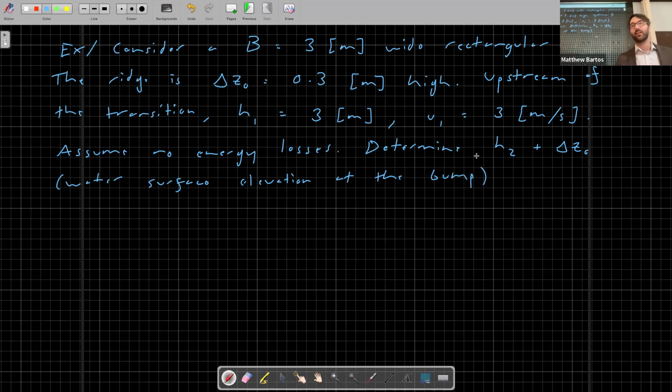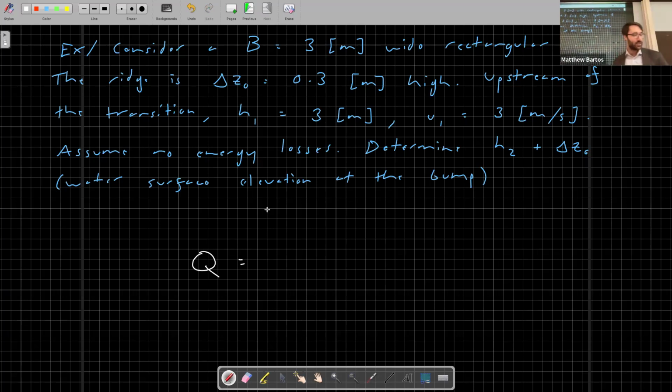And I want to determine whether it goes up, goes down, or stays the same. So the first thing that I'm going to want to do here, it's going to be useful to compute the discharge. So I'm going to do that first.